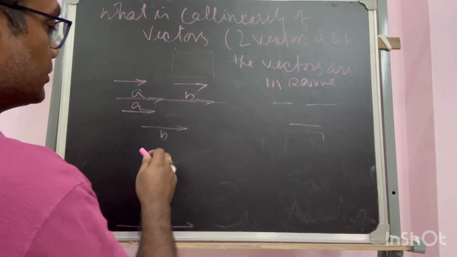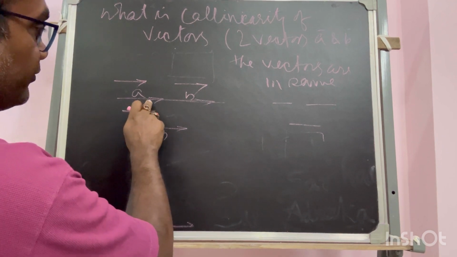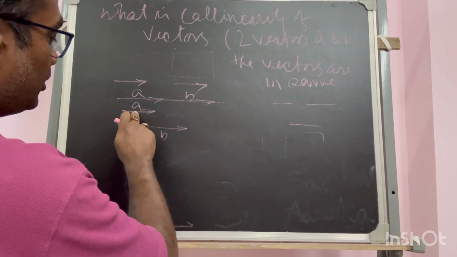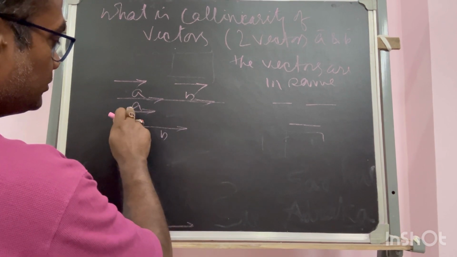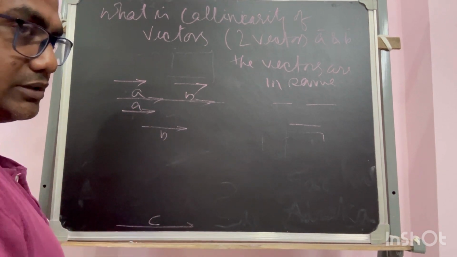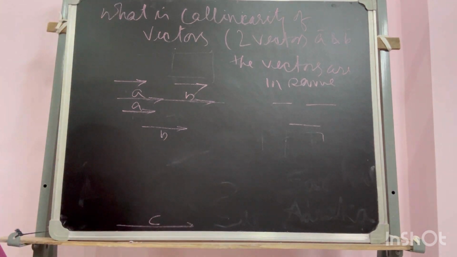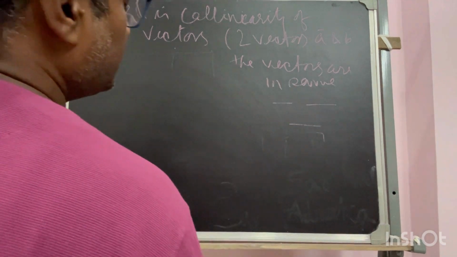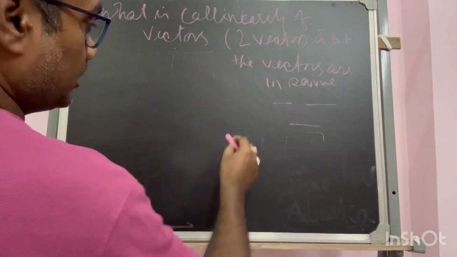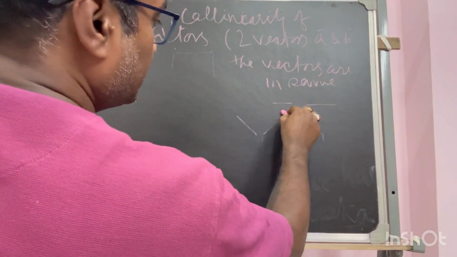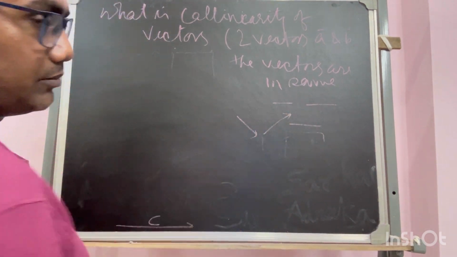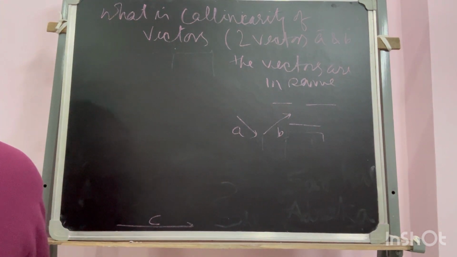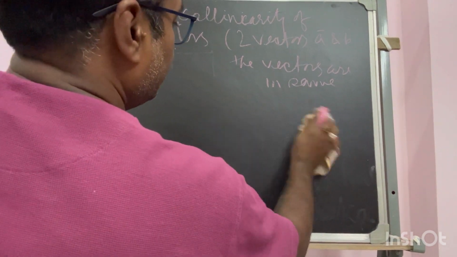Then also they are parallel, because if they are on the same line, A and B individually are parallel to C, or if they are parallel to each other, then A parallel to C and B parallel to C. So if two vectors lie on the same line or parallel lines, they are called collinear. If not lying on the same line or parallel, then these vectors are non-collinear. This is how we can physically define this.